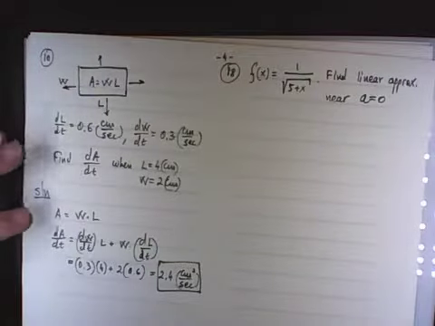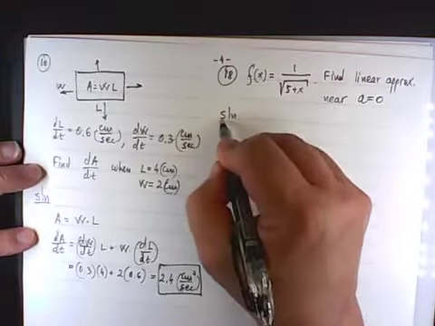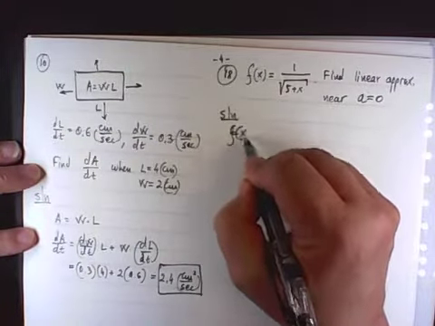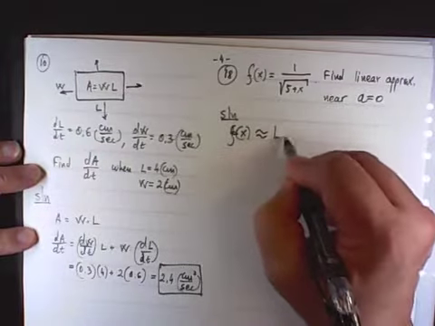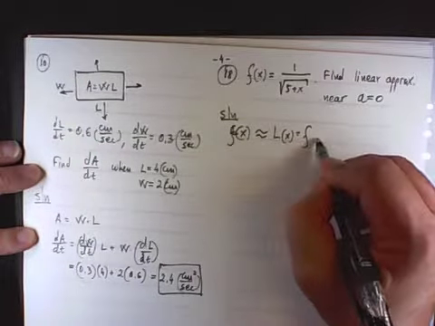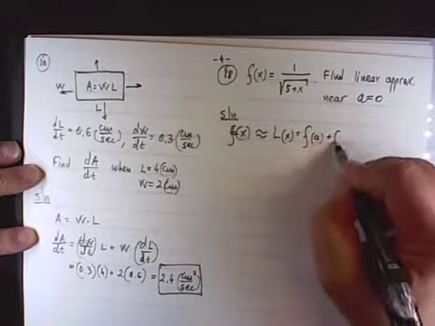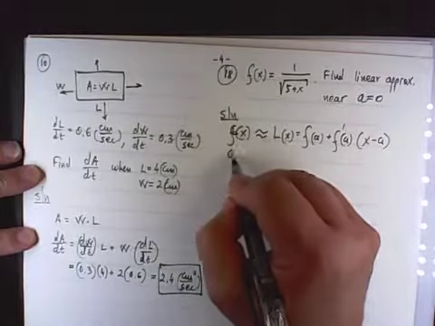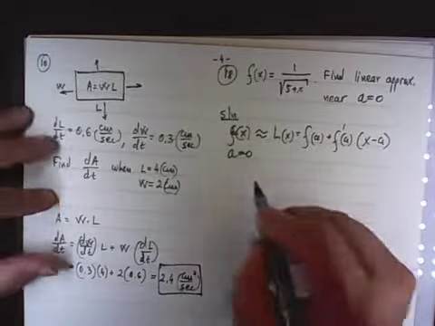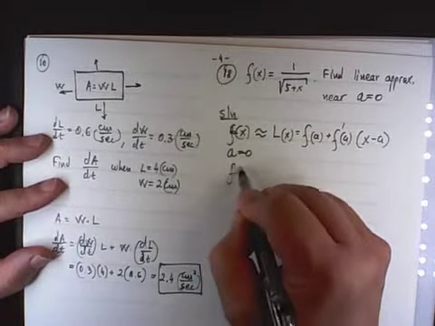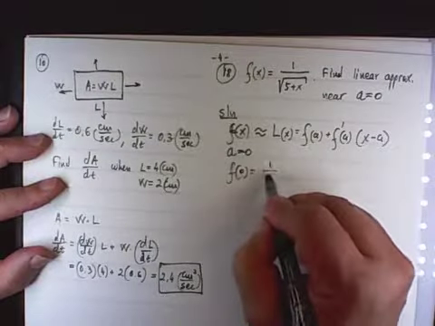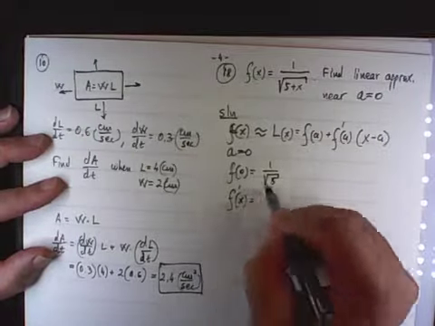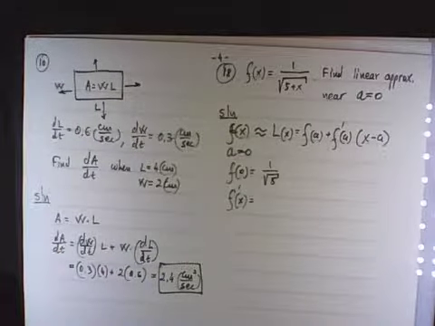Okay, so what is the general form of linearization? We're going to say that f of x will be approximated by L of x, which is f of a plus f prime of a times x minus a. In this case, a equals 0. So f of 0 equals 1 over square root of 5. For f prime of x, we need to do a little bit of work.